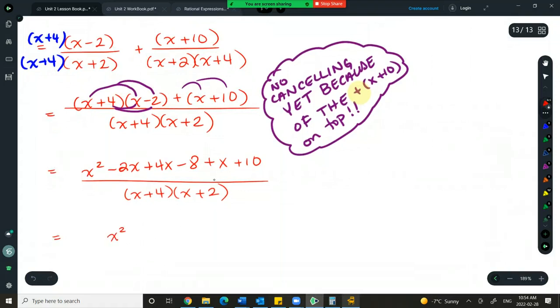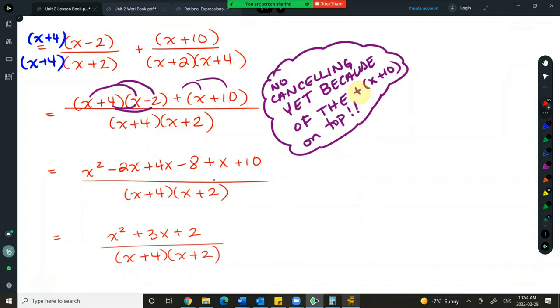So we'll have x squared, we have 3x on top, and plus 2 at the end. Okay, we have two options to finish this, and we have to make the call.